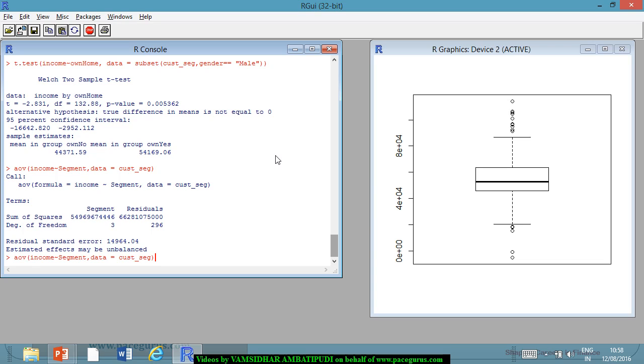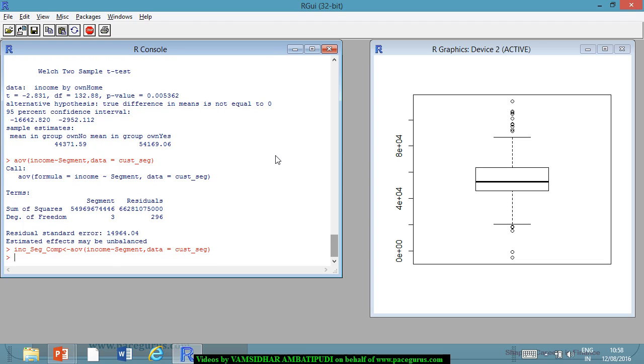So let me call this entire thing income versus segment. So income underscore segment underscore comparison. Right? Let me call it like this: income underscore segment underscore comparison. And I'll put an anova on top of this variable.